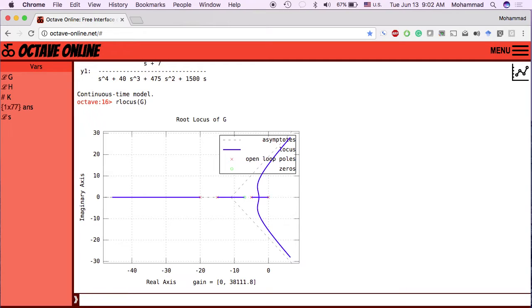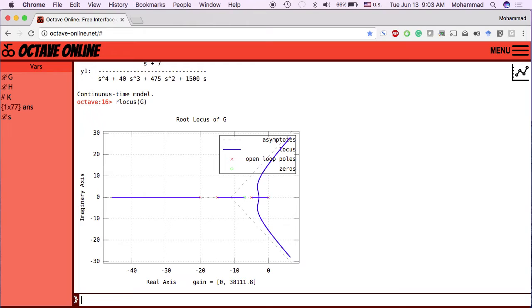Now, no matter what value of K you use, the two poles are going to be within this 0.7, at least initially, because if you increase K large enough, eventually this will go outside these two lines. Let's try this point, for example.